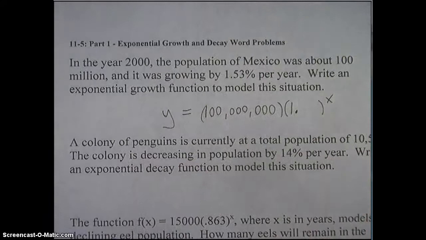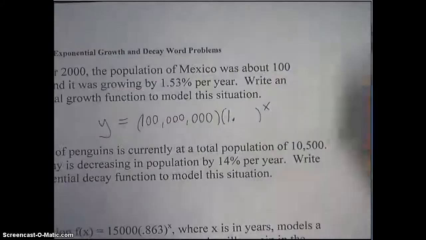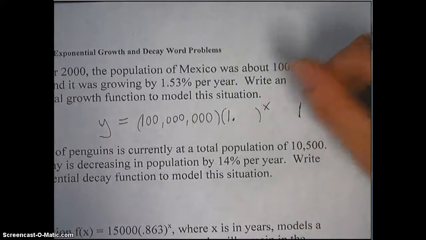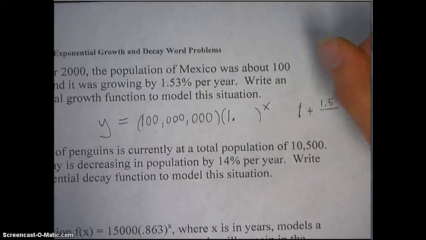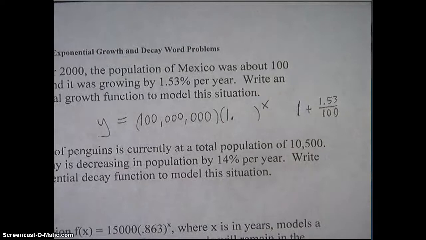The question is what? The way I like to think about it is that the growth factor is 1 plus the growth rate, which is 1.53 divided by 100. So 1 plus 1.53 divided by 100.